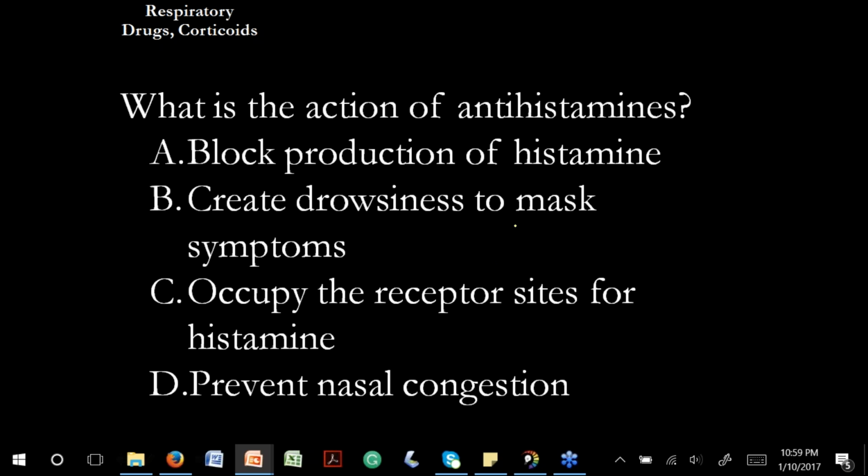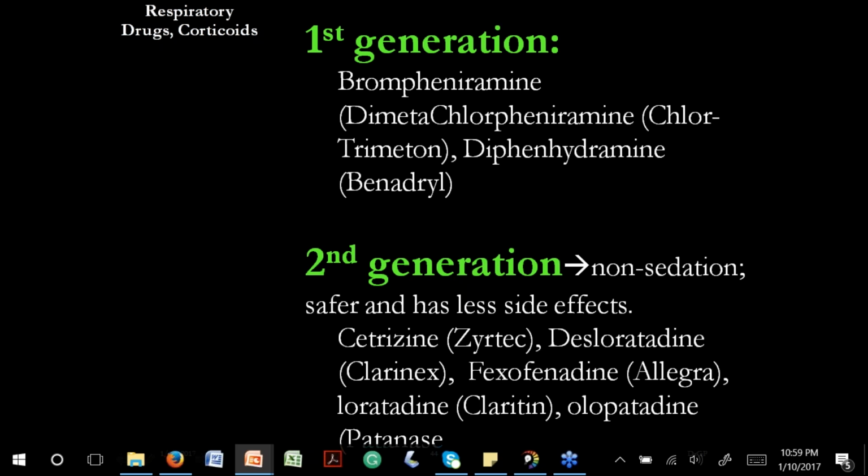So that means the antihistaminics are not going to block the already histamine going through your body. So if you have already histamine and you take antihistaminic, it's going to take a while. But if you prevent, even before you have the signs and symptoms, probably you will not have signs and symptoms of congestion. Okay. All right.